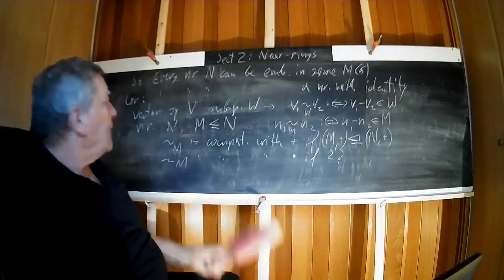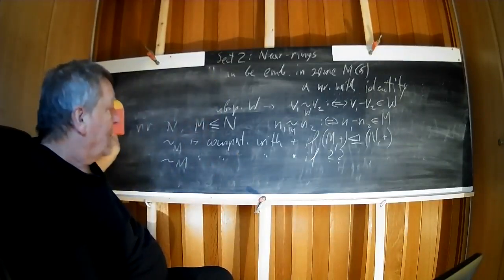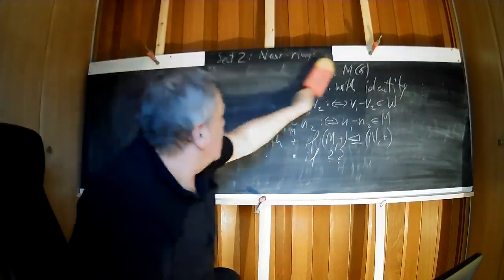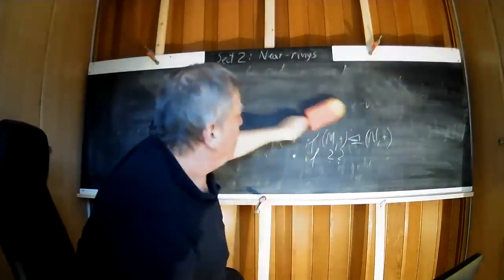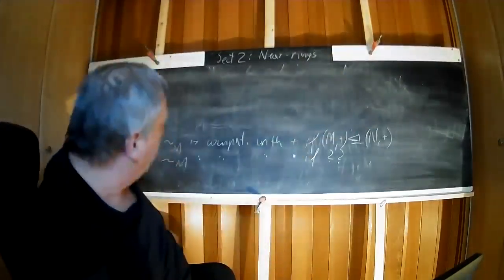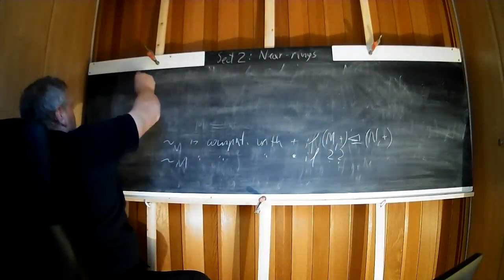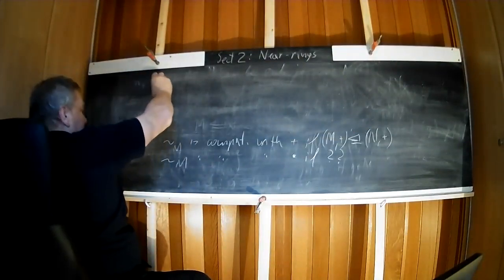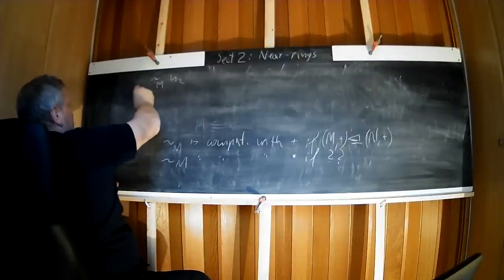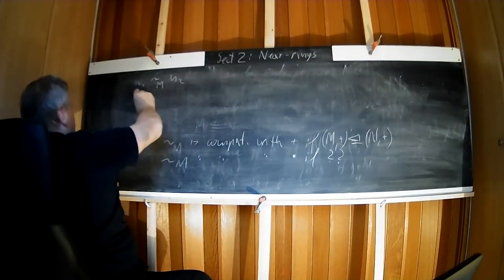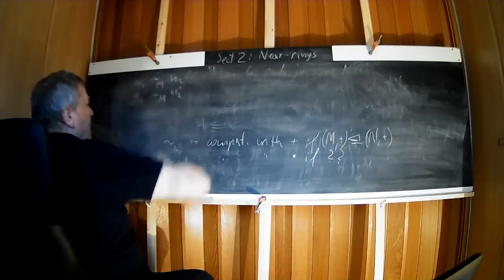So let's simply test this. Suppose we have N1 equivalent, with respect to M, to N2, and N1 prime is equivalent to N2 prime.